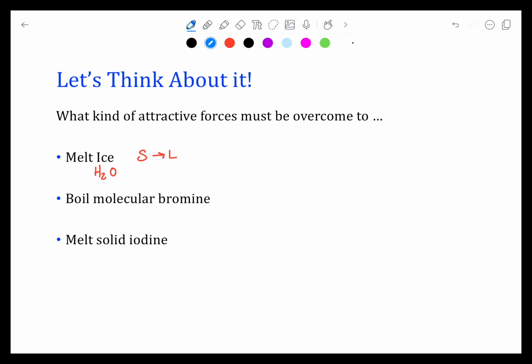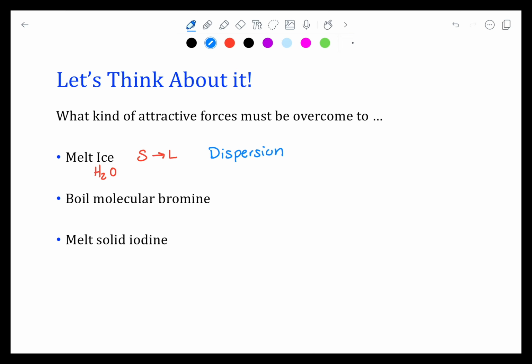Well, I'm separating the molecules. I'm going from super close proximity in my solid ice to still in close proximity and touching each other in a liquid, but they're not as close. So we have to overcome first our dispersion force, right? We're changing our dispersion force because they're in close proximity.